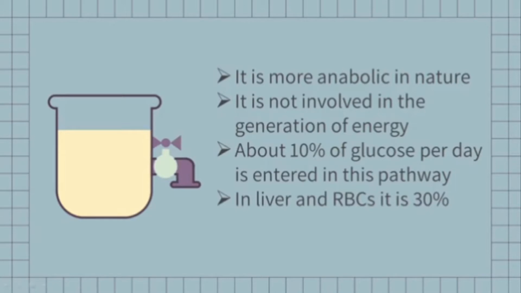And it is not involved in the generation of energy, because in this pathway, no ATP is consumed or produced directly, unlike glycolysis, which produces energy in the form of ATP. About 10% of glucose per day enters this pathway, while the liver and RBCs metabolize about 30% of glucose by this pathway.